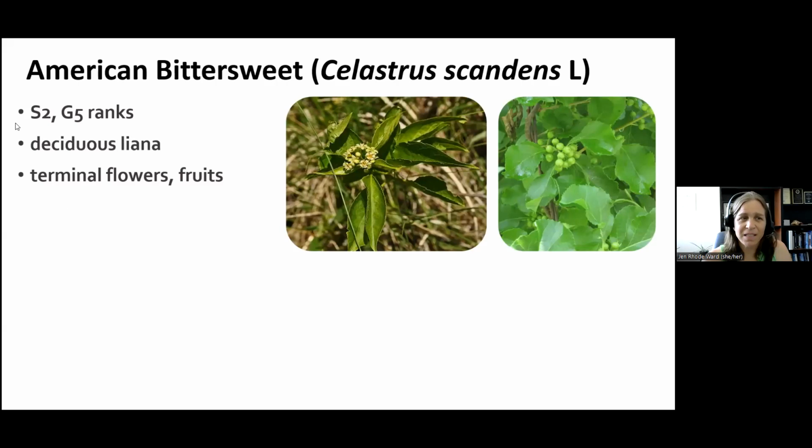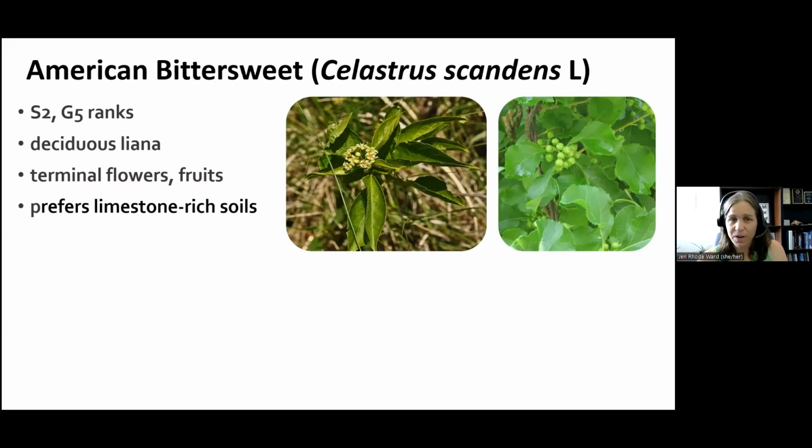American bittersweet is a deciduous liana, so it loses its leaves in the winter. It is one of those woody vines. And it's different from the Asian bittersweet in that its flowers and fruits are terminal, so they're at the ends of branches. It's also different in that it prefers limestone-rich soils.